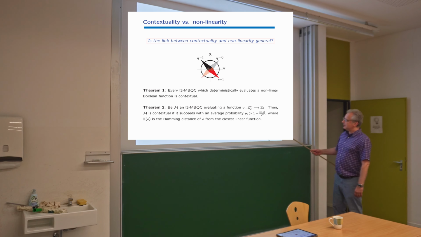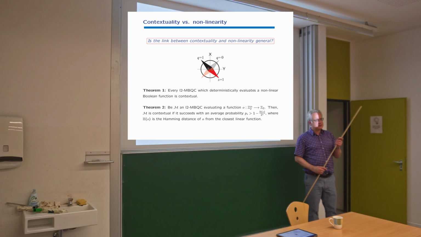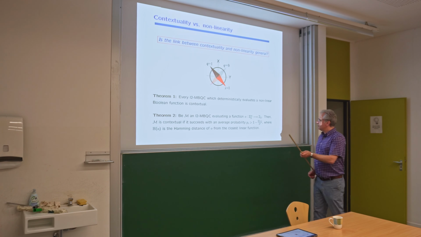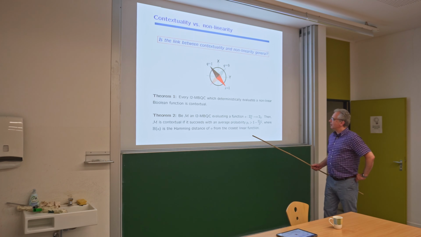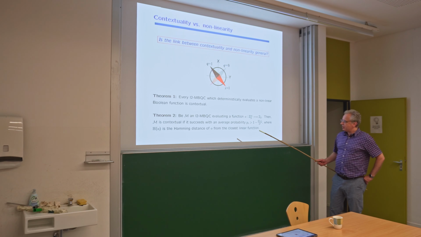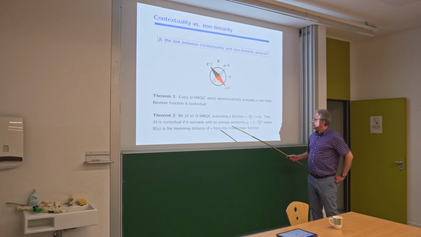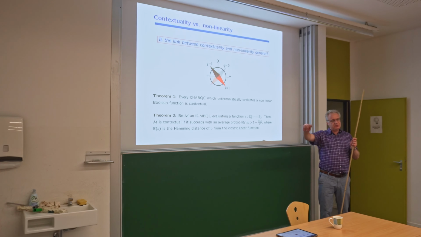But now that we have it, and we will prove it shortly, we will address this aspect of deterministic versus probabilistic function evaluation. So we have Theorem 2, which is basically the same, except this condition is gone. Now we have a function as before, and it is evaluated only probabilistically. We have an average success probability, averaged over all input values.